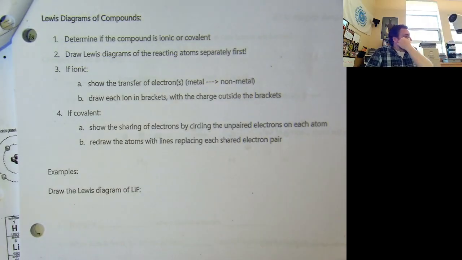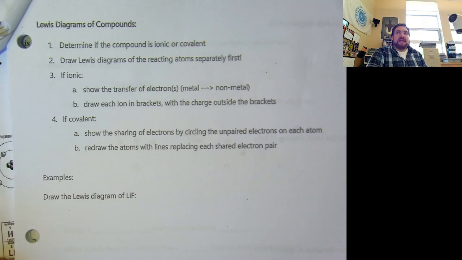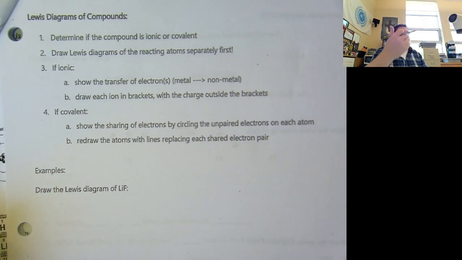Things like, and we do it in chemistry all the time because we draw things like sugar. Table sugar is glucose. Actually, it's sucrose, but table sugar is sucrose. Glucose is a sugar that your body needs all the time to live. If you don't get glucose, your body will start to die. And so because we want to see how it reacts, it's one of these things that we draw.